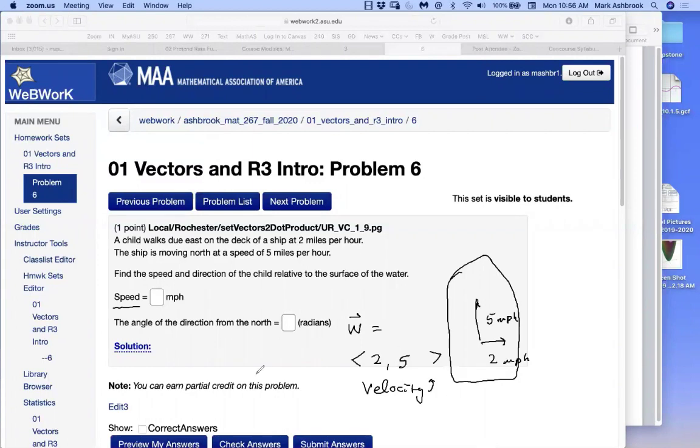And the angle from the north, so 2 plus 5 is a vector like this. It's 2, 5. Then the angle from the north would be this angle right here. So you need trig. You're going to use a little bit of trig to get that angle measure from the north.